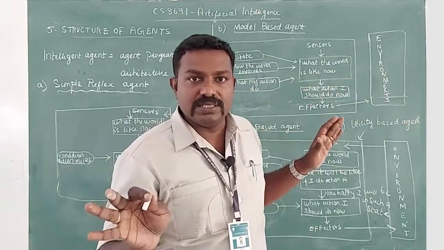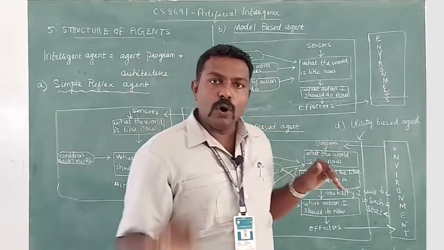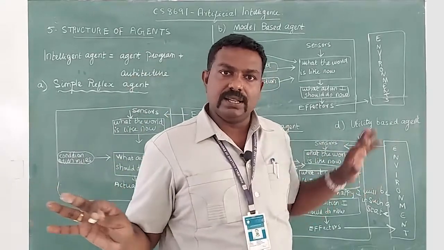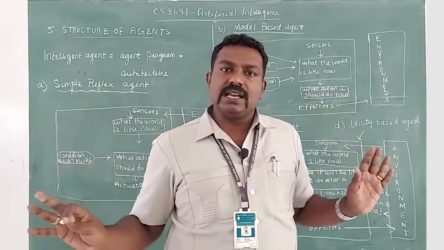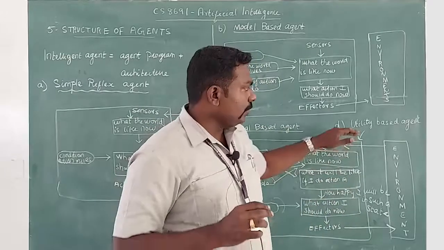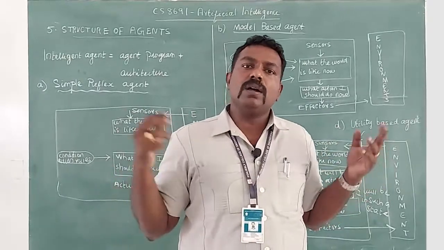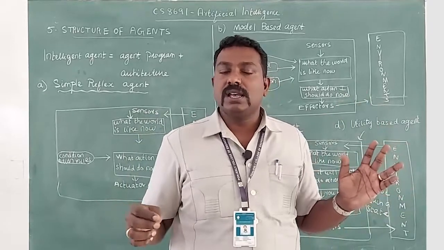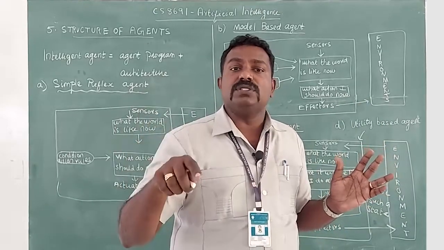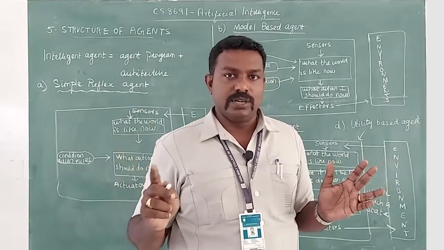Third one, goal based agent: based on the goal, I have to take the decision. The previous history is there, but based on the goal, I have to take the decision. Fourth, utility based agent: I will have more number of solutions, 3 or 4 solutions. Among those solutions, I have to choose a solution that gives better performance. So that you call it a utility based agent.